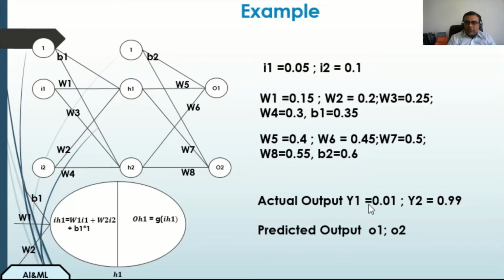And we also have the actual output, which is 0.01 for Y1 and 0.99 for Y2. So the network will start the process of forward pass, and it will compute these outputs from the network for O1 and O2.